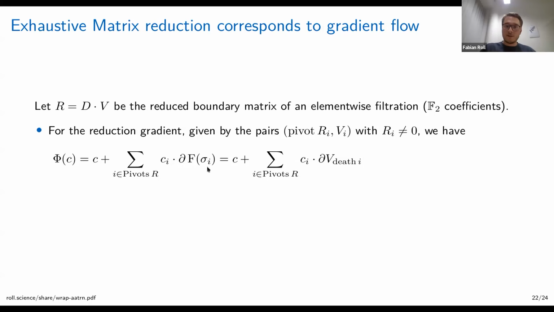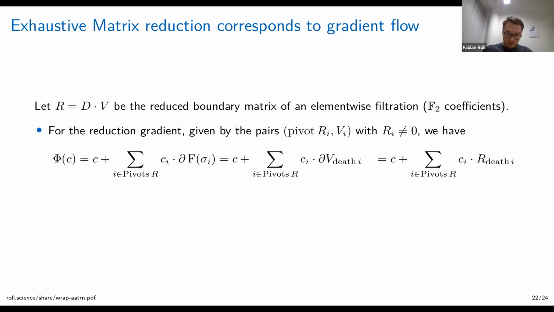So this boundary of f of sigma I just evaluates to a column of V with the death index of the feature I. Now it's easy. We want to simplify this boundary of f of the death simplex, and because R equals dV, this is just given by the corresponding column in the matrix R.